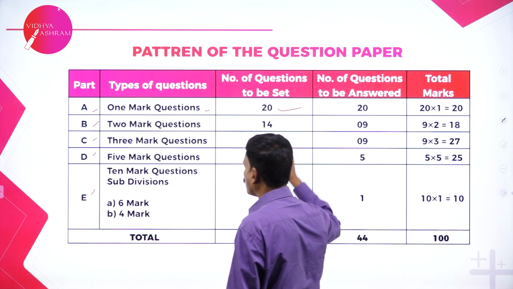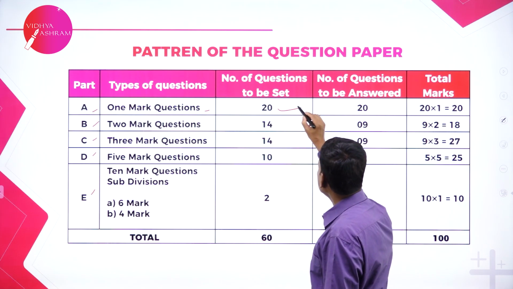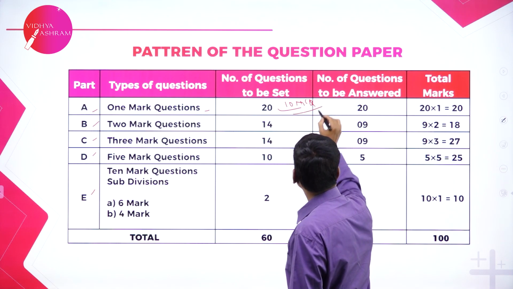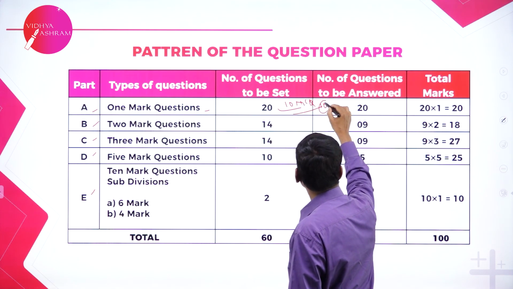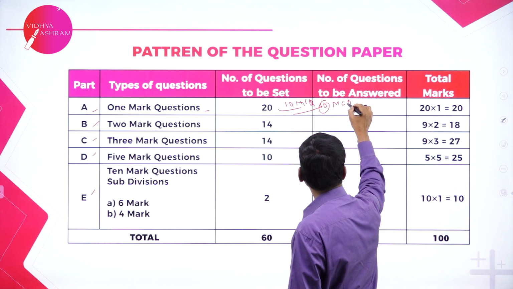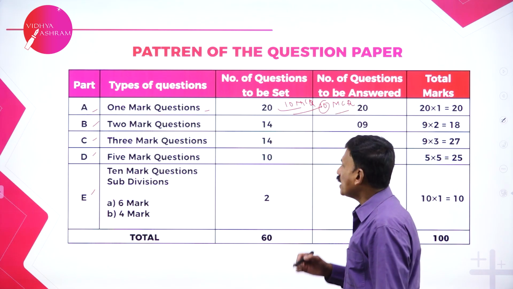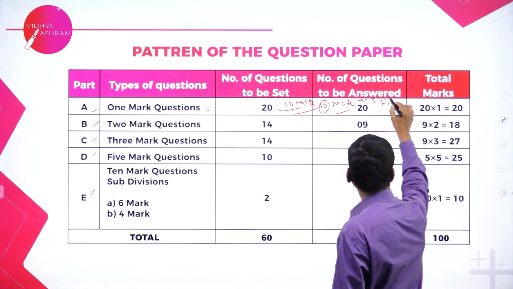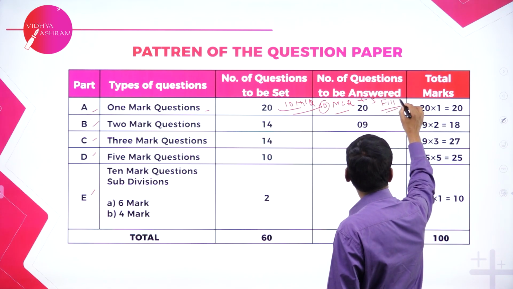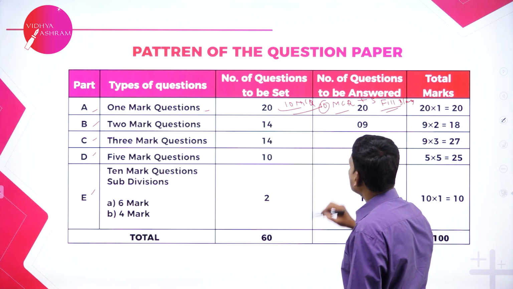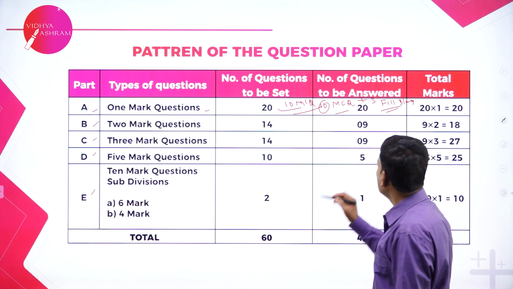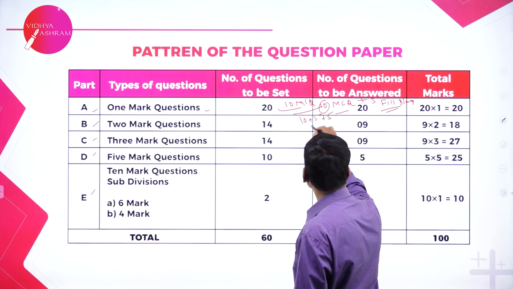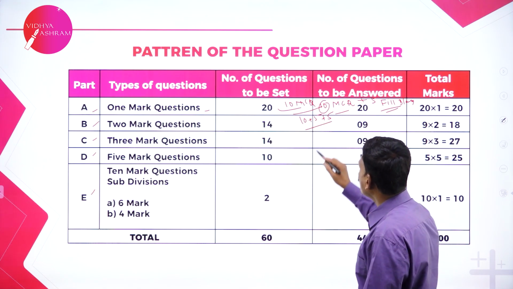There are 20 one-mark questions: 10 MCQ questions, multiple choice questions, then 5 fill in the blanks, and 5 short answer questions. So here you will have 10 plus 5 plus 5, 20 marks for the first part.